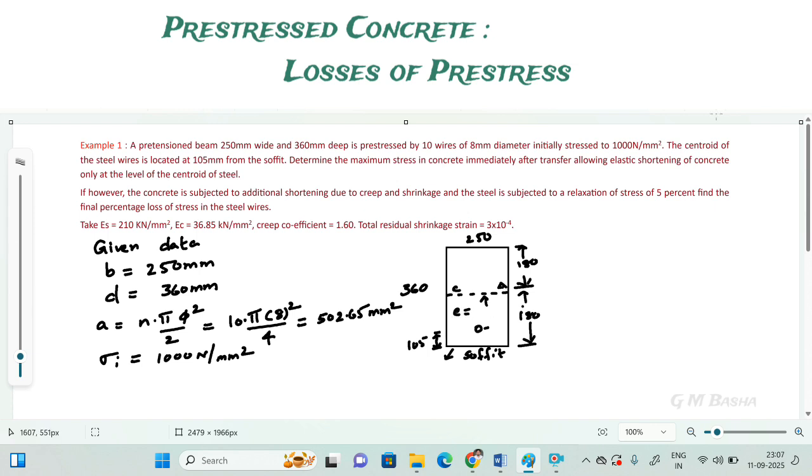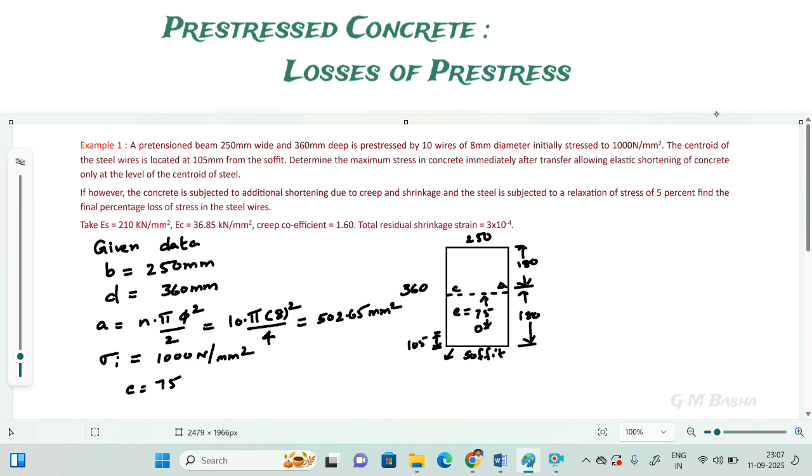How much will it be? 180 minus 105 will be equal to 75 mm. This is how the eccentricity is given according to the condition. Sometimes it is given directly in the question, as eccentricity located at 75 mm from the centroidal axis. But here they have given it indirectly: 105 mm from the soffit of the beam, so the tendon is 105 mm from the soffit and the remaining distance will be 75 mm.